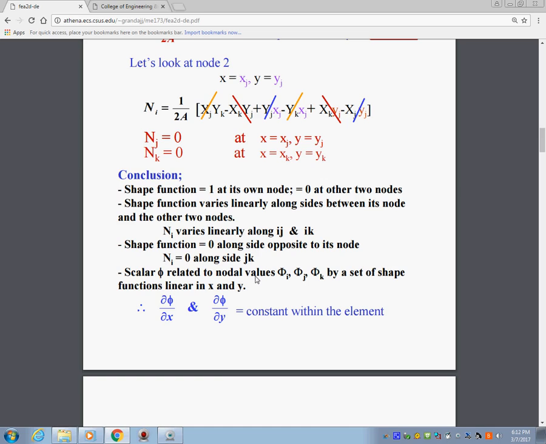The shape functions have value 1 at their own nodes and 0 at the other two. The shape functions vary linearly along the sides, and N sub j varies linearly along the sides ij and jk. The shape function is 0 along the side opposite the node, and N sub i is 0 along the side jk.